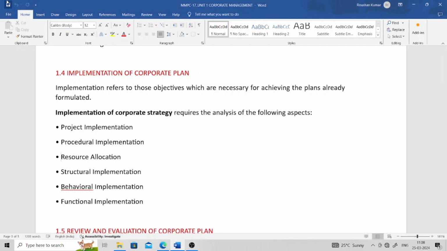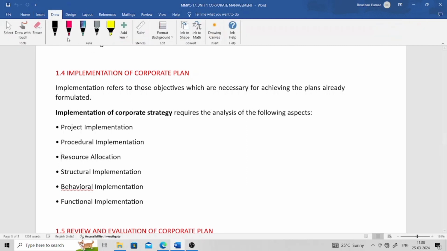Project implementation is done. Then procedural implementation means what different procedures are to be used in the implementation of the corporate plan.